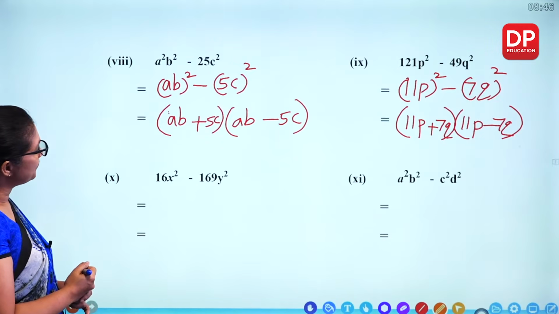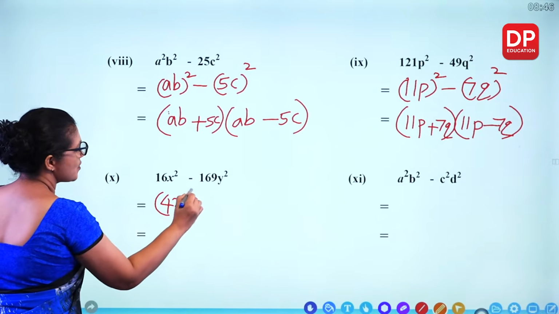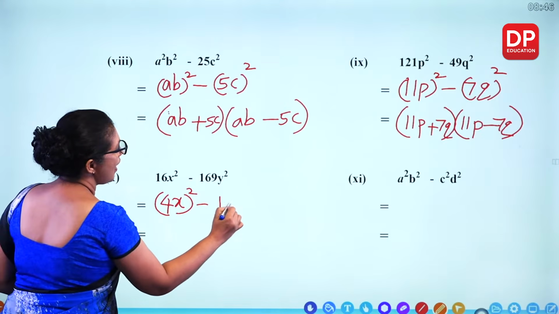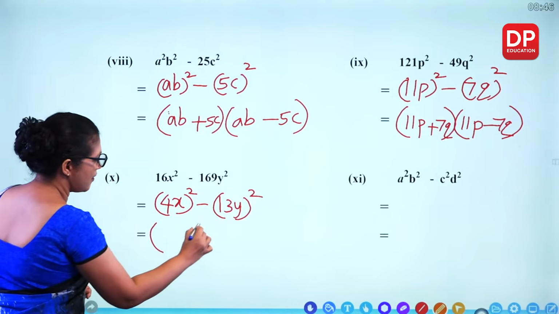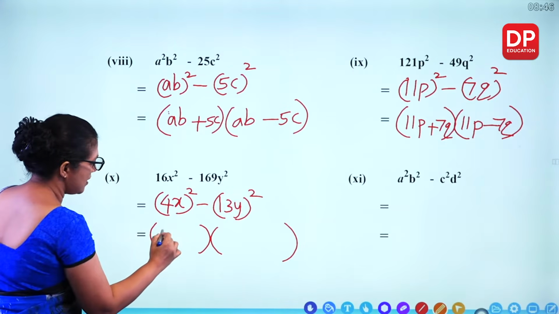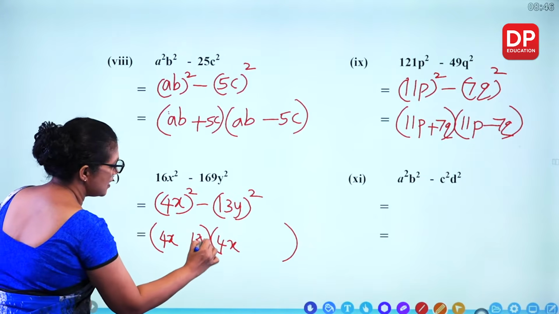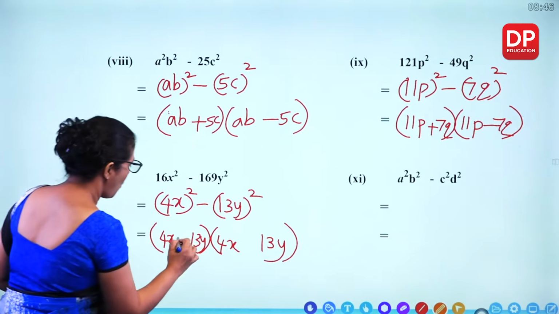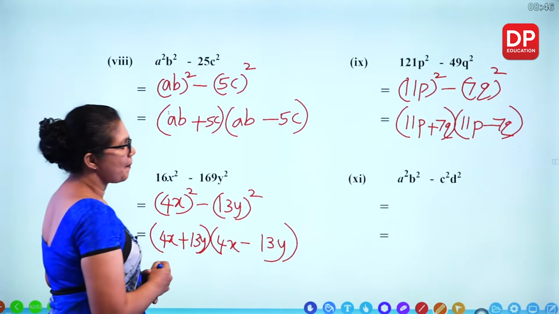What about this one? Write as a square term, 4x whole thing squared and 13y whole thing squared. Write down the two brackets and first term first and the last term second. One is positive, one is negative.